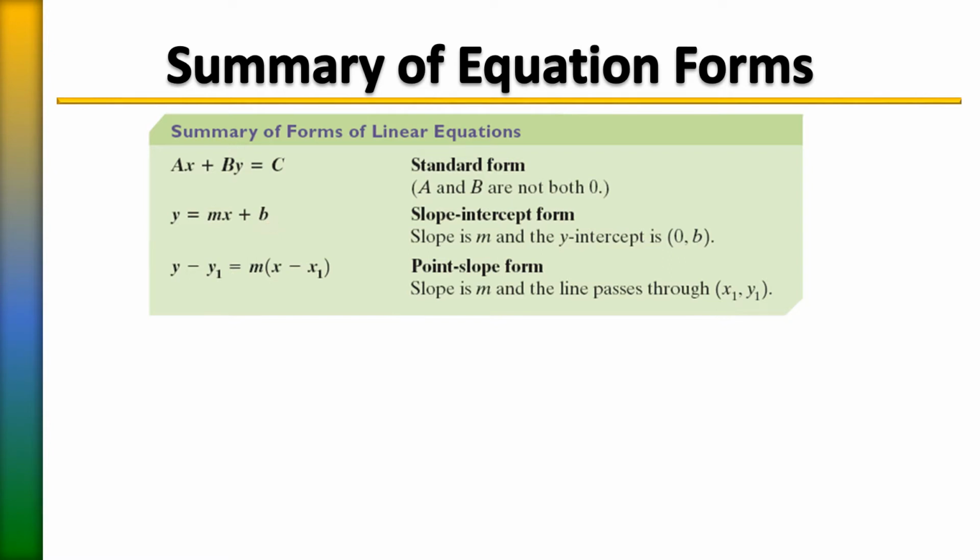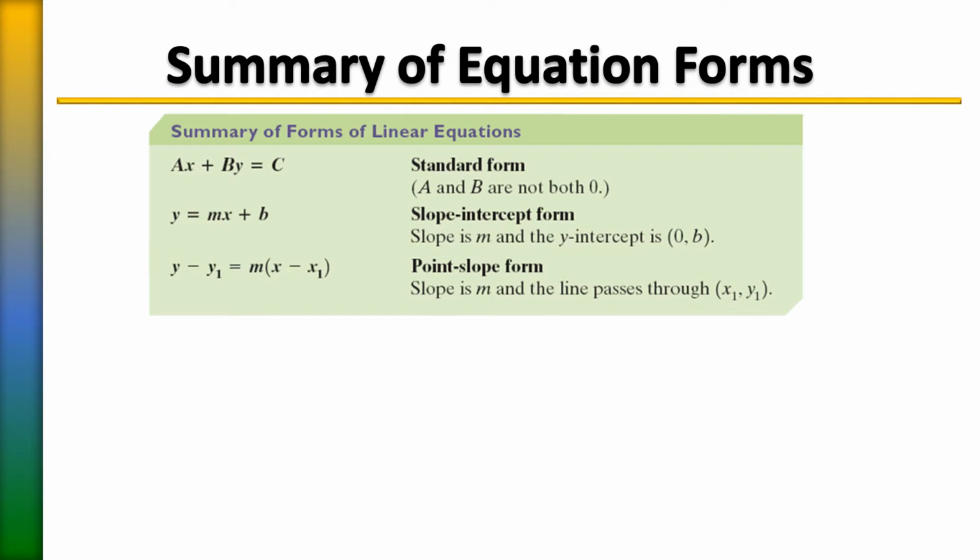The last form is point-slope form, and in point-slope form, you have y minus y sub 1 equals m times x minus x sub 1. So we know that m, as I stated earlier, is your slope.